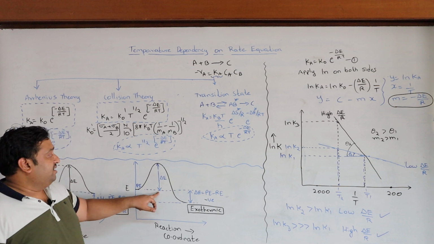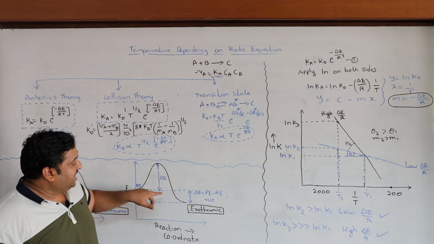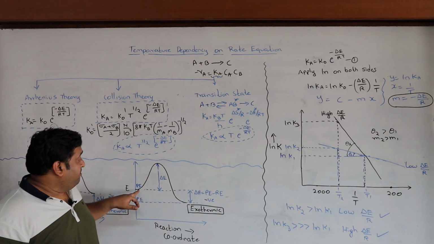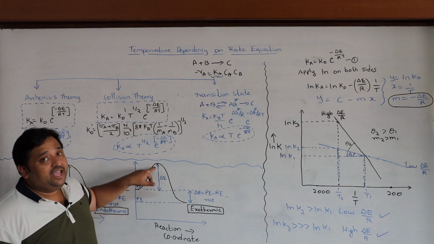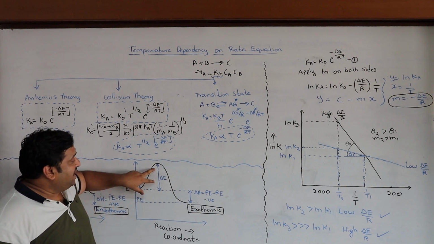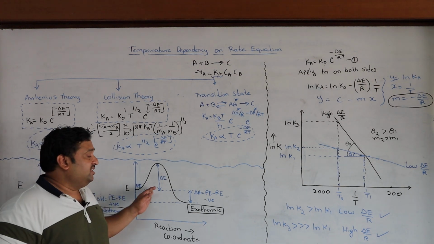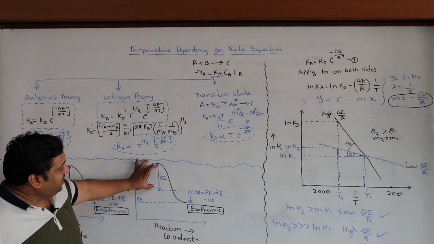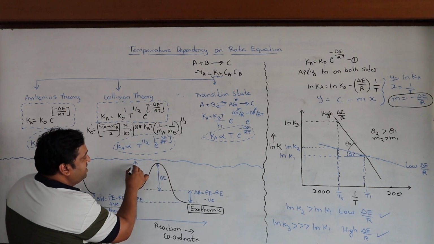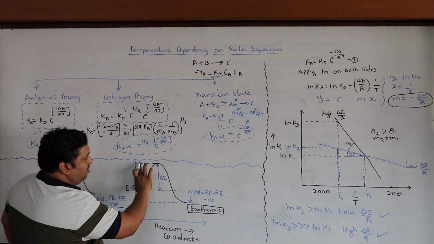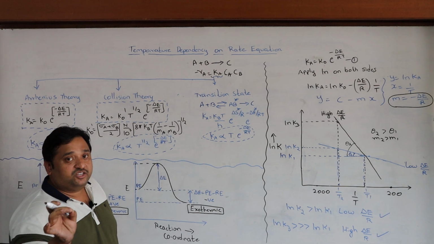Now you see here, this point is reactants and this point is called products. Before reactants form products, they have to go through again this kind of barrier. This barrier is called the activation energy. That means the minimum energy you have to provide for this reaction to happen. So the delta E from here to the maximum state is the minimum activation energy that is required for a reaction to happen.